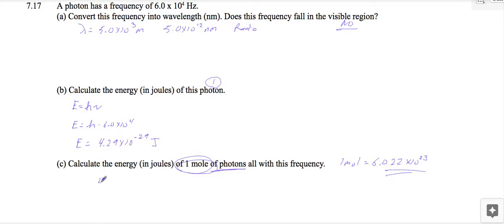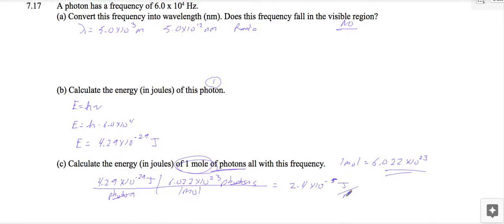So if we take our 4.29 times 10 to the minus 29th joules per photon, then we have 6.022 times 10 to the 23rd photons per 1 mole of them. So we end up with that many joules per photon. It comes out to be 2.4 times 10 to the minus 5th joules per mole. Easy peasy.